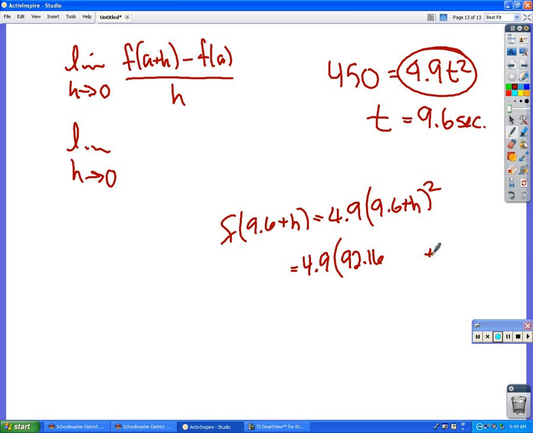Square the second one, so that's going to be h squared. And how do I get that middle term that kids always forget to do? Right, take this and double it. So that's 19.2h. Okay? Does that make sense? Kind of? Okay, or you could write it out and FOIL it out all the way there.